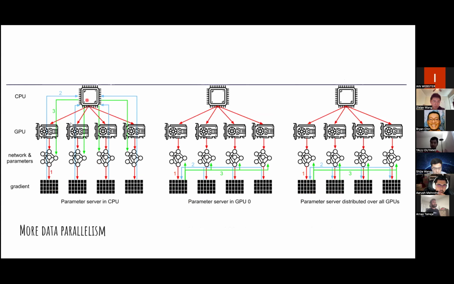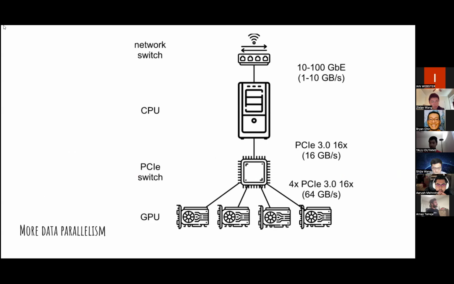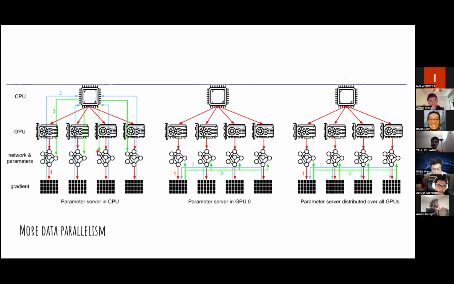If we have a PCIe of speed 16 gigabytes per second and the weight itself is 100 megabytes, then this configuration would mean that we need 40 microseconds in total to transfer the weights from the GPU to the CPU, and another 40 microseconds for the weights to be updated and transferred back to the GPU, 80 microseconds in total.